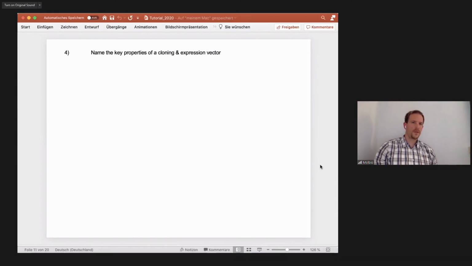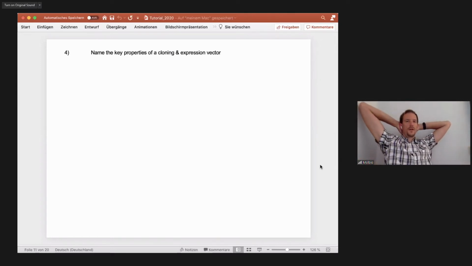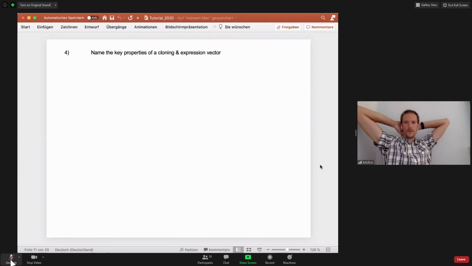Key properties of a cloning and expression vector. What would you need? So first of all, what's the purpose of this vector? To deliver the gene of interest into the sample?